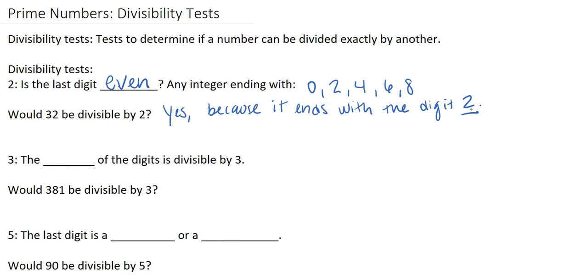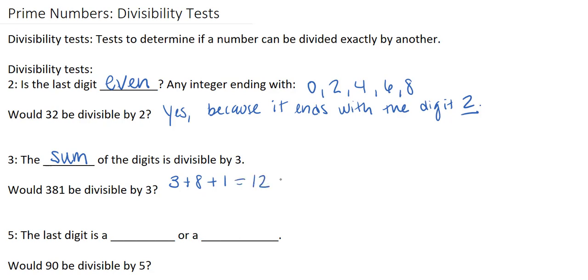Next, we look at 3. So we look at the sum of the digits and we see if it's divisible by 3. We could ask, would 381 be divisible by 3? This becomes a lot easier if we know this. So 3 plus 8 plus 1. The sum of the digits, there are 3 digits, 3, 8 and 1, so we just add them together. 3 plus 8 is 11, plus 1 is 12.